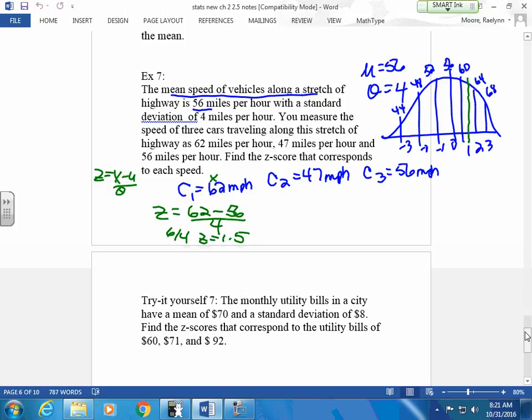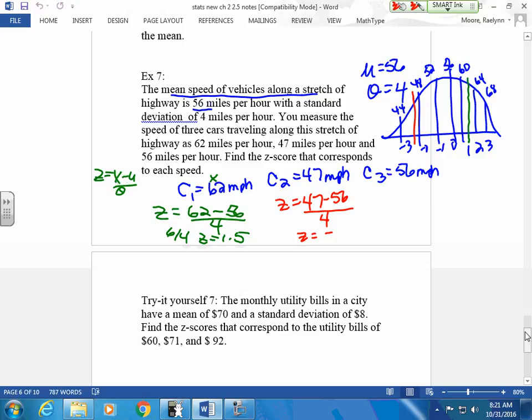But we will. I get to the second one, 47. A little tougher for me to figure out. It's not halfway. So I use my z-score formula. And I notice when I subtract the smaller minus the larger, don't I get a negative? And shouldn't I be getting a negative standard deviation here?